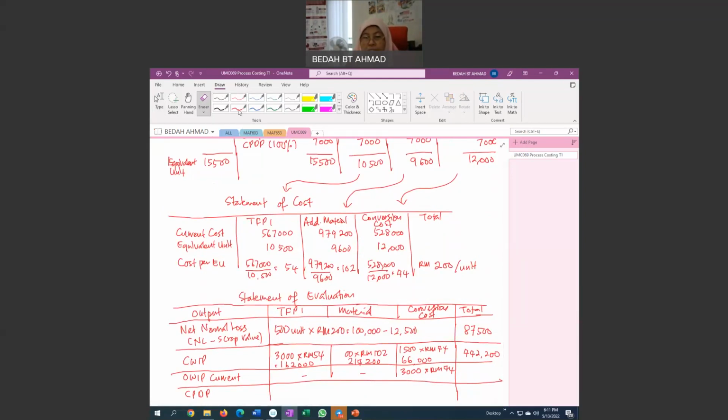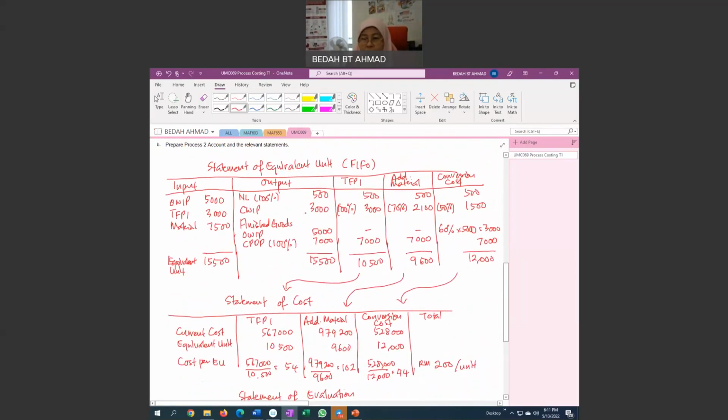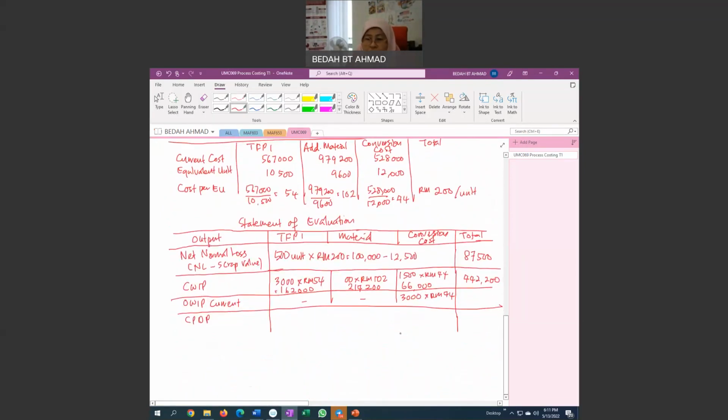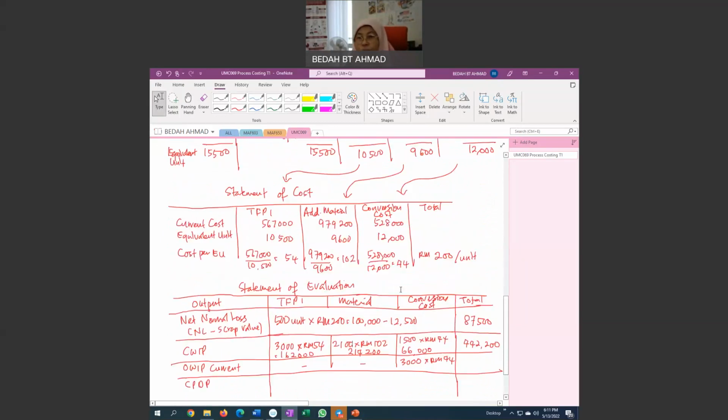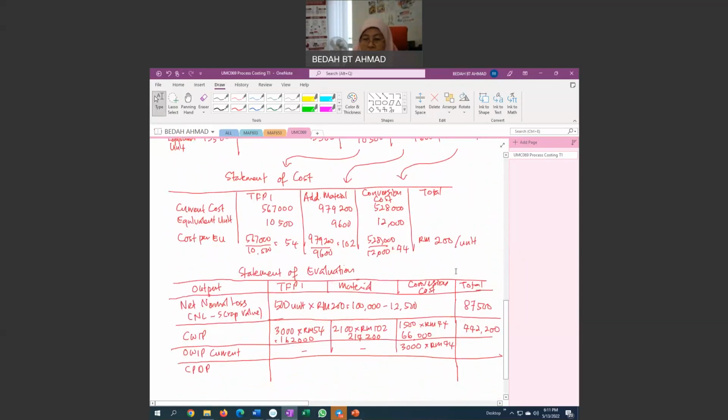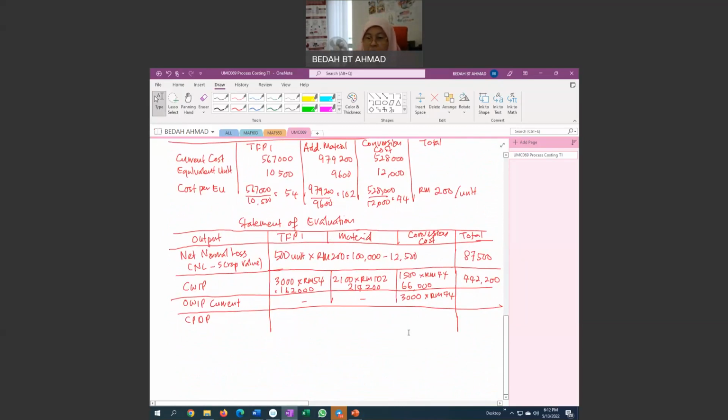It comes from the equivalent unit: 3,000, 2,100, and 1,500. For the OWIP current it is only 1,500, and for the CPDP is 7,000 units multiplied by the total RM200, which is 1.4 million. So this one is 132,000. Okay, now we can put in our calculation.